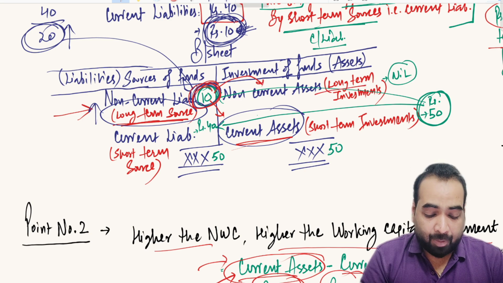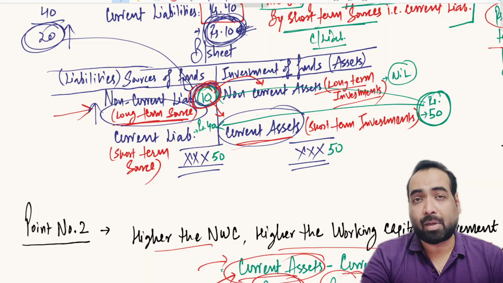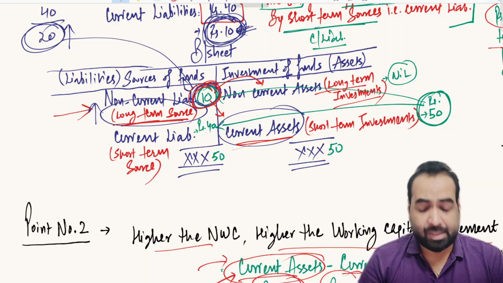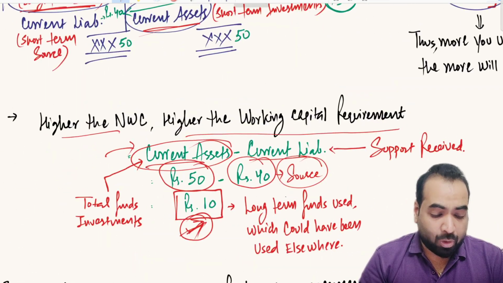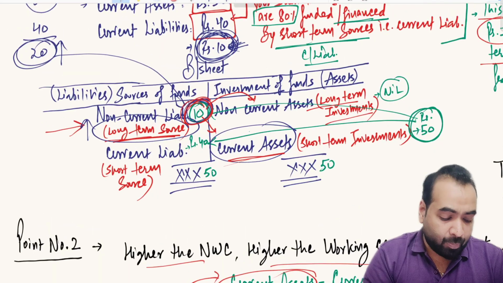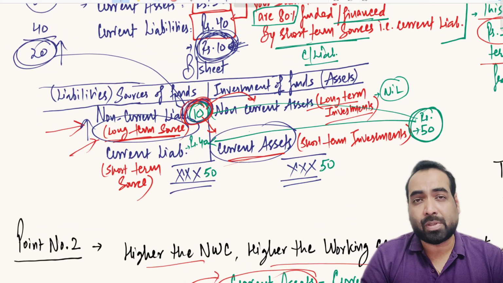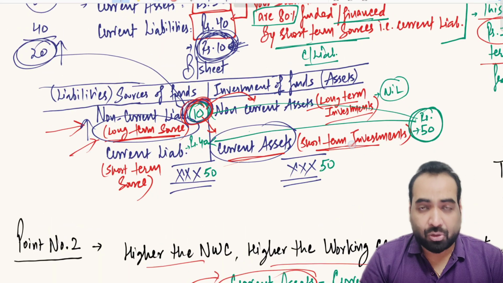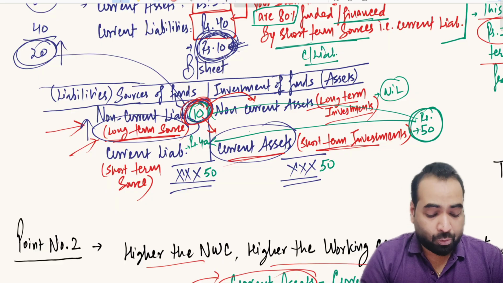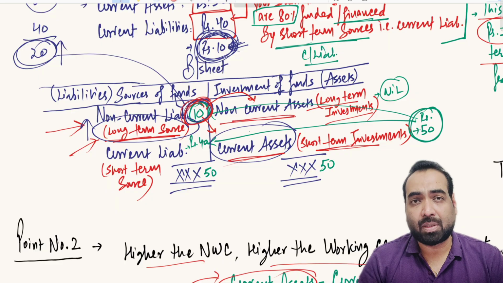Which would have helped the business in growing and expanding further, right? So that is why the more the NWC, which would mean the more long-term sources are invested in short-term investments, which should have been used for creating more non-current assets, right?